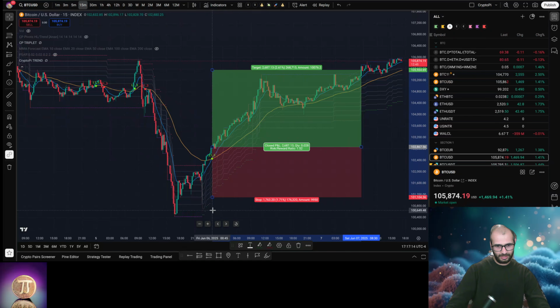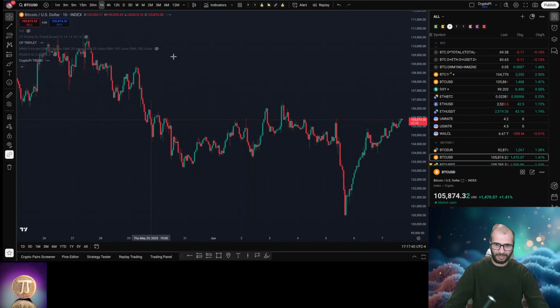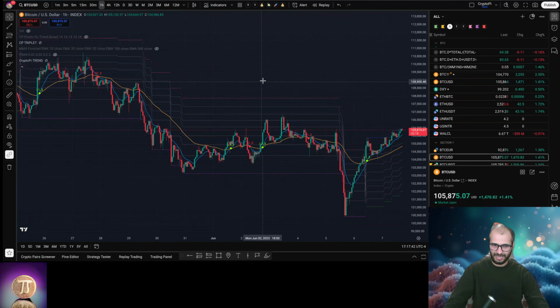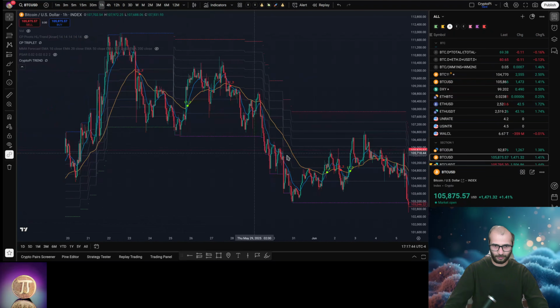So this was a very simple strategy. Of course, there are numerous other ways to find a long trade, to find a short trade, and maybe take more than one trade over here, or maybe take one large trade for a duration of 1 hour, and this would probably take days to work out.